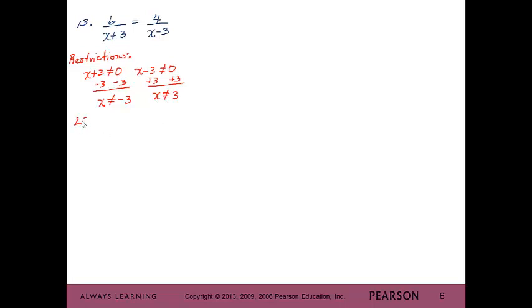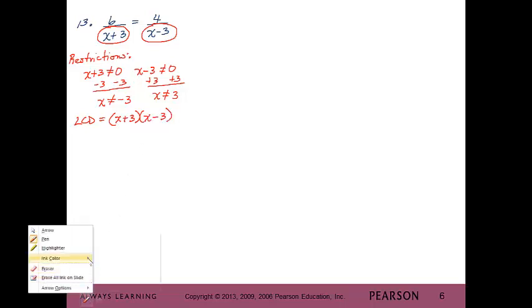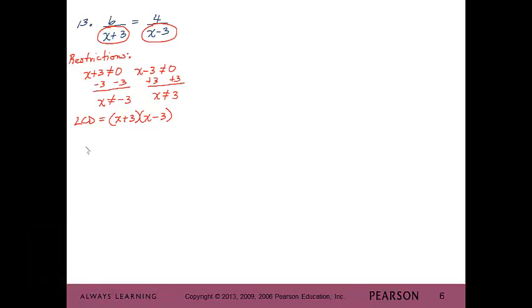So now we can move on to our LCD. And the LCD, since we only have two denominators, x plus 3 and x minus 3, and these are not the same, it's going to be x plus 3 times x minus 3. So we're going to multiply each term by the LCD, so 6 over x plus 3 times x plus 3, x minus 3.